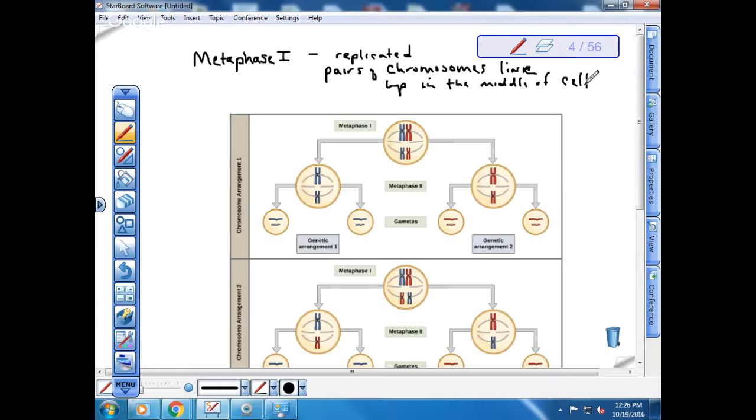Here, they're separate. They're actually put together in a different arrangement. And so we can also have genetic recombination because the way that they are arranged is random, right? So the arrangement is random. So this also increases the genetic variation.